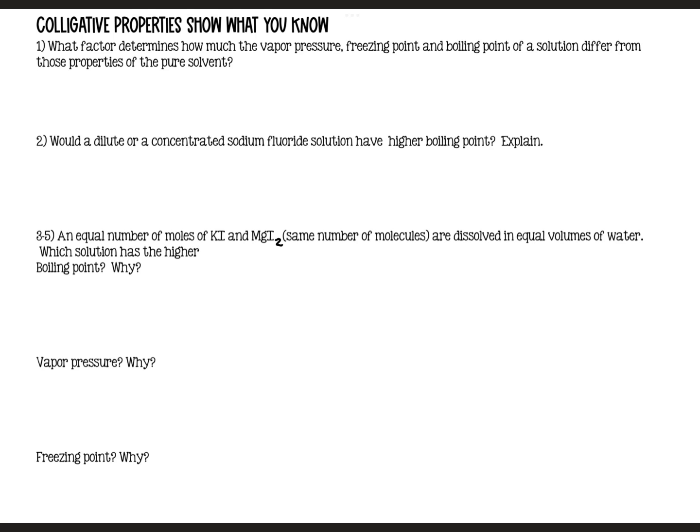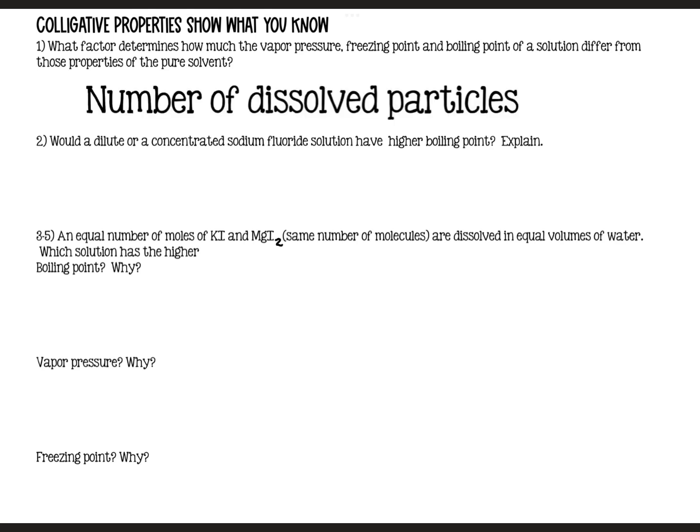Consider the following. What factor determines how much the vapor pressure, freezing point, and boiling point of a solution differ from those properties of pure solvent? That would be the number of particles dissolved in the liquid. Next, would a dilute or concentrated sodium fluoride solution have the higher boiling point?